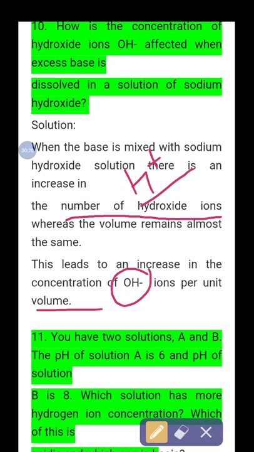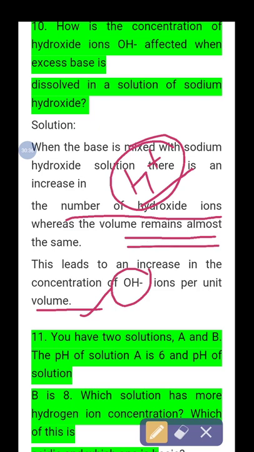The concentration of hydrogen ion remains the same. So this leads to an increase in the concentration of OH ion per unit volume.